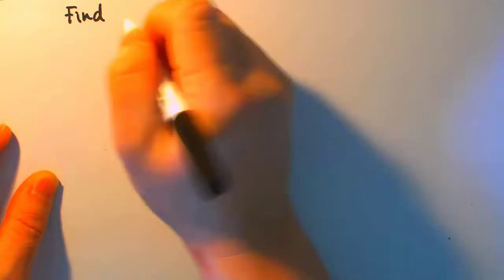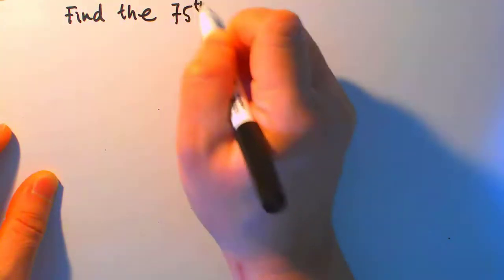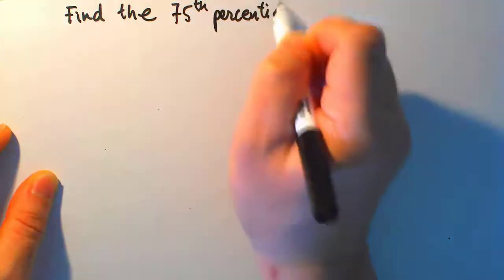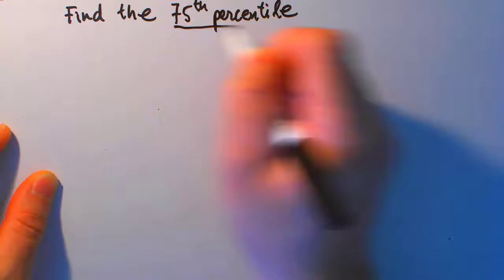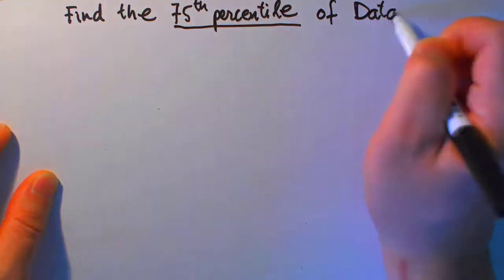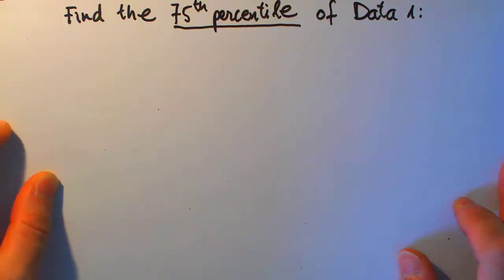I am going to ask everybody again to find for me the 75th percentile right here in this video. Find the 75th percentile of data 1. You can now pause the video and let's start working on that.